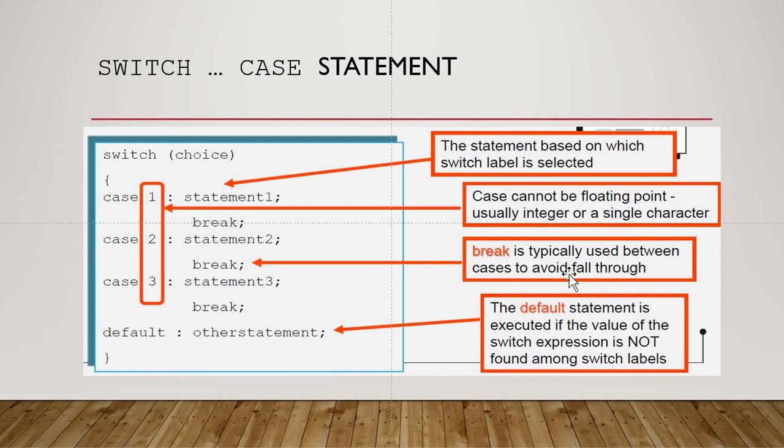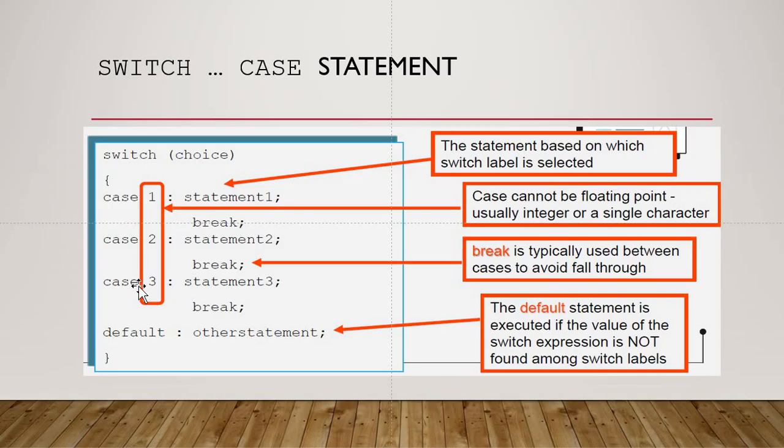So break is typically used between cases to avoid fall through. Dia macam once kita dah jumpa satu case yang betul, kita akan execute statement ni and then break. We stop evaluating the rest of the cases. And then the default statement is executed if the value of the switch expression is not found among the switch labels. Switch label ni maksudnya case 1, case 2, case 3.